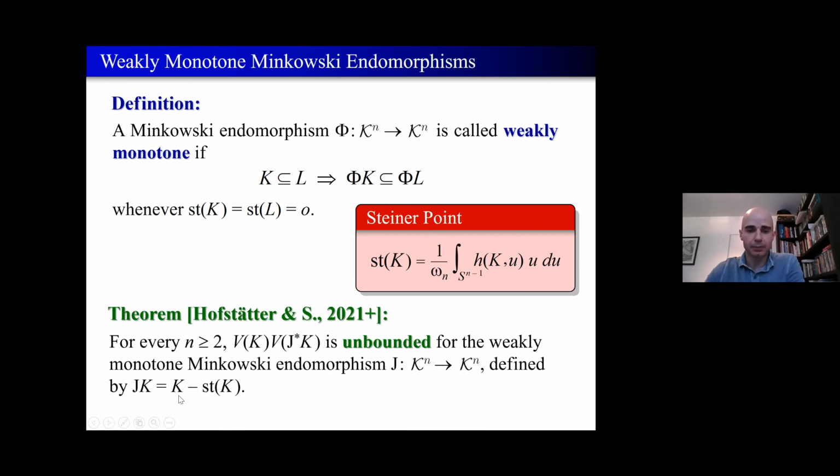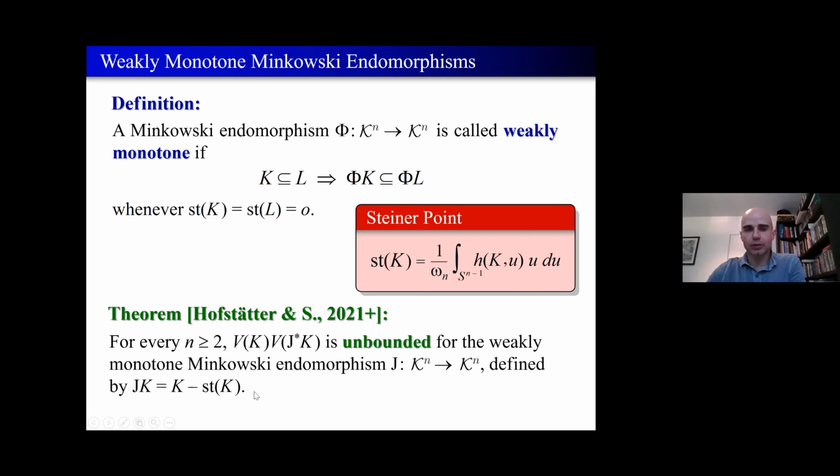So this example is basically a modification of the identity map. Note that the identity is obviously Minkowski additive. It commutes with SO(n), but it's not translation invariant. So you can use the Steiner point to modify the identity map in such a way: you just translate K by its Steiner point, then this will be a Minkowski endomorphism.